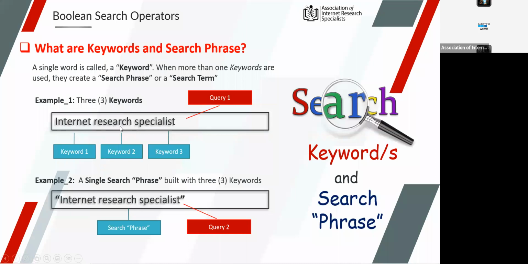When we write internet research specialists, we are now letting the search engine decide whether or not it wants to combine any of these two. Let's say internet research or research specialist is more preferred together, or even treat individual words separately, where the content pages may contain any of these words but not in the same sequence that they are set, which means internet would be the first word, or research could be the middle word, or the last word.